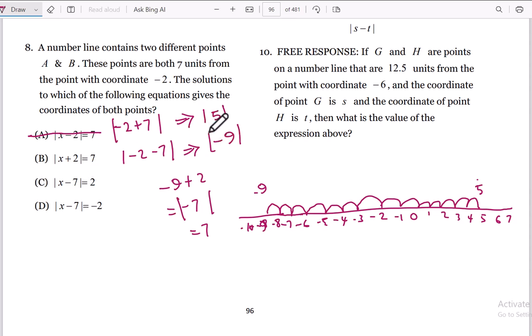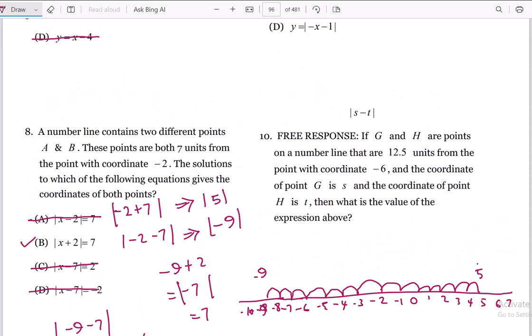Then 5 minus 7 is minus 2. Absolute value functions do not give negative, so D is out. B makes more sense, and from our work, we see that B was accurate.